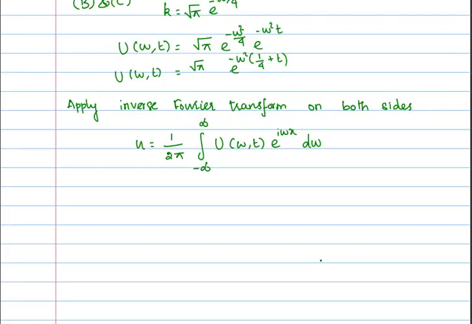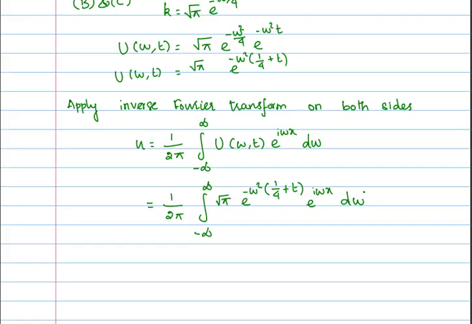This is the key. So what is my U of omega comma t in the given problem? Integral from minus infinity to plus infinity of square root of pi times exponential of minus omega square times (1 by 4 plus t), times exponential of i omega x, d omega.